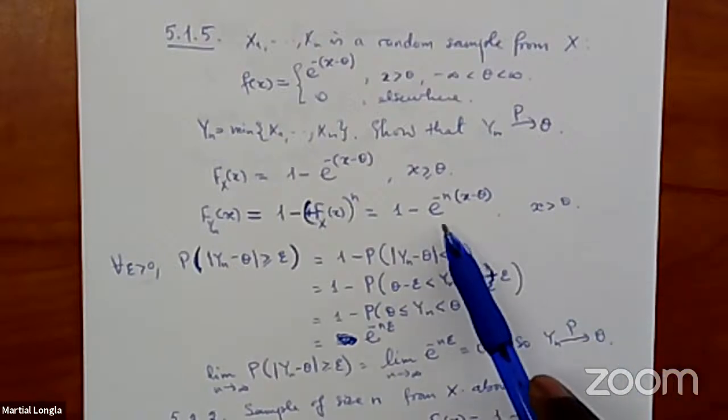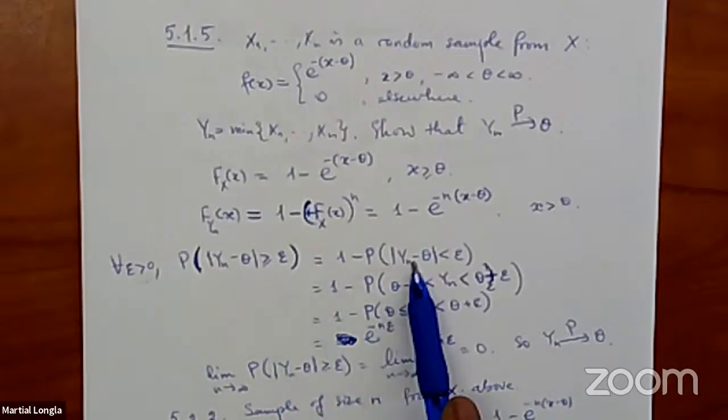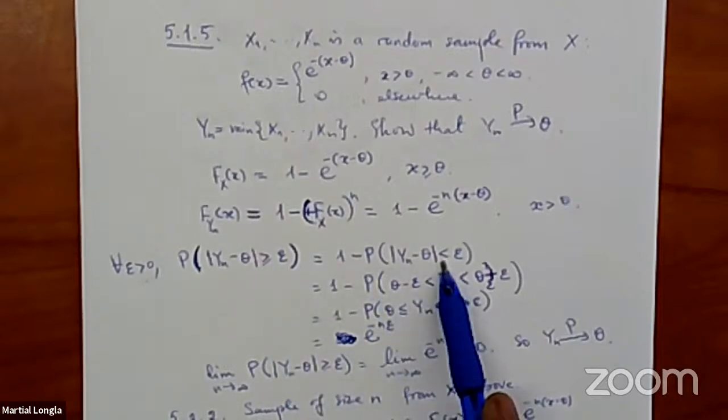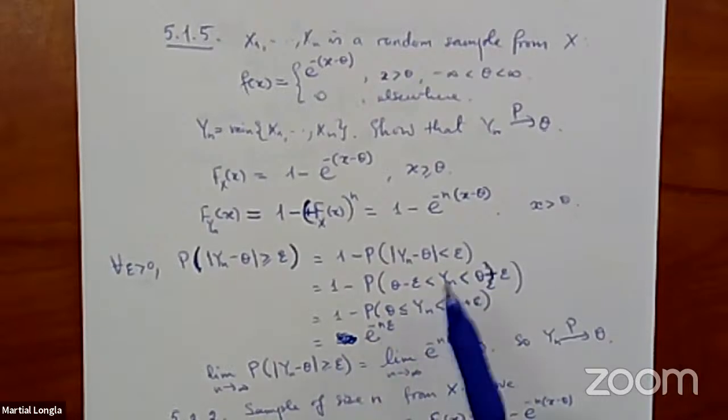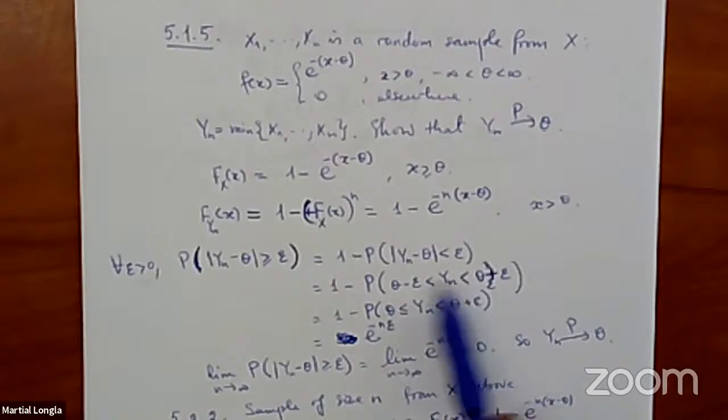Now, for this probability, I switch. I said, okay, because larger than or equal, it's 1 minus the probability, and here it becomes strictly less than. It might matter in a different problem. This is 1 minus the probability, and then I remove the absolute value, and now get this.